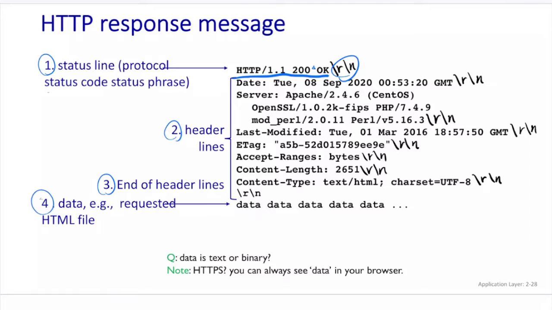The status line can be divided into 3 different fields. Okay, the first one is the protocol, and the second one is the status code, and the third one is the status phrase.